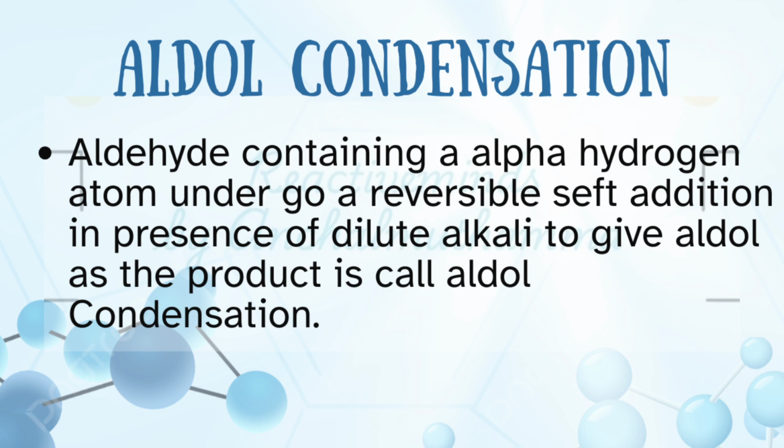The hydrogen atom which is directly bonded to the carbon atom adjacent to the carbonyl compound is known as the alpha hydrogen atom. The carbonyl compound is nothing but any organic compound which contains the C double bond O. So, whatever hydrogen is attached to the carbon present next to the C double bond O is known as the alpha hydrogen atom.